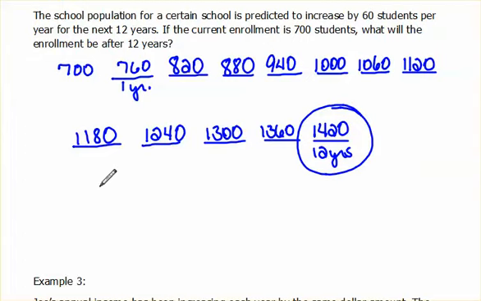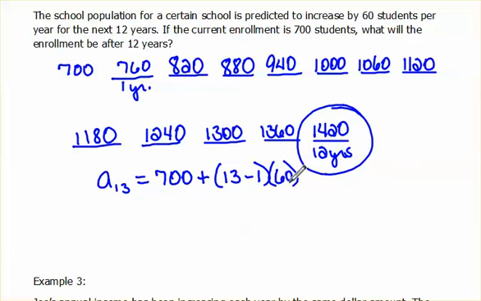If we did that, we would have to say a sub 13 equals, remember your first term was 700, plus n, which is 13, minus 1 times the common difference, which in this case is 60.